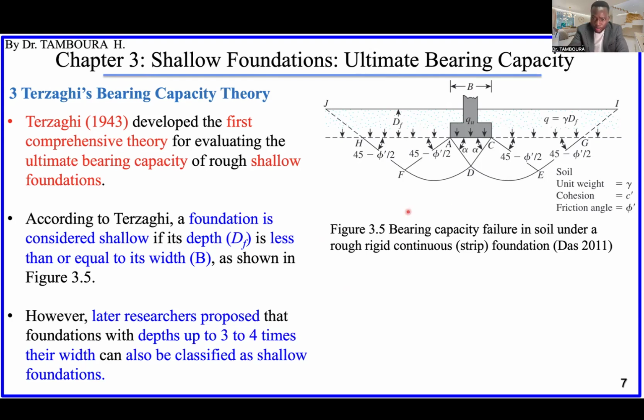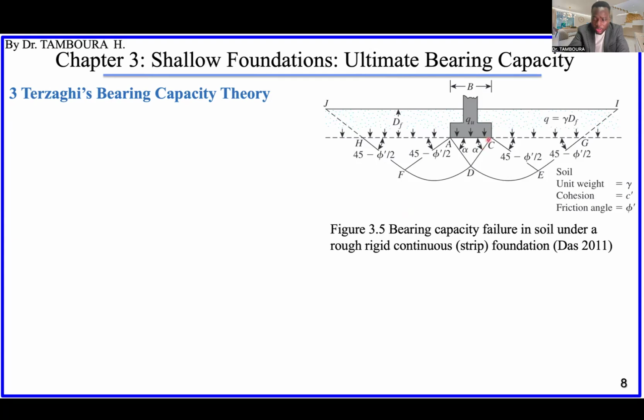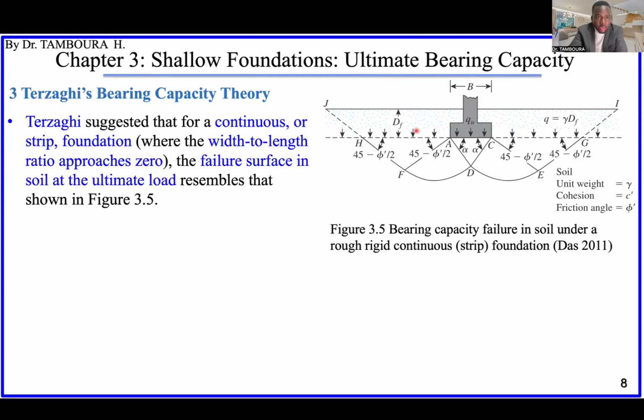Now let's try to understand this figure. For a continuous or strip foundation, it means the foundation is very long compared to the width.